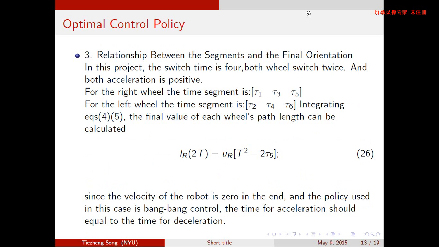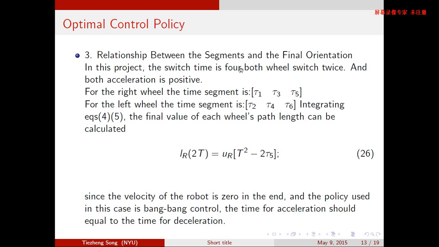Now let's talk about the relationship between the segments and the final orientation. In this project, I assume that the control policies on both wheels switch twice, and the direction of the initial acceleration is positive.